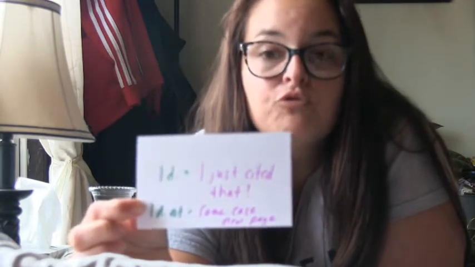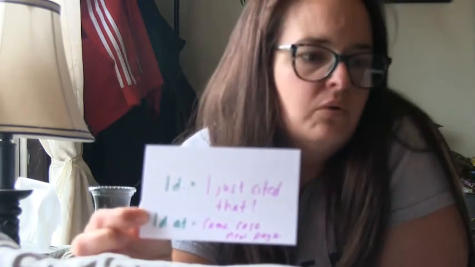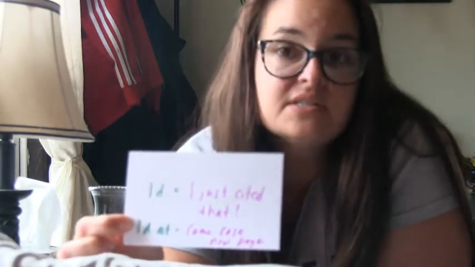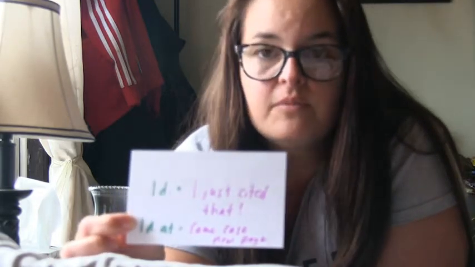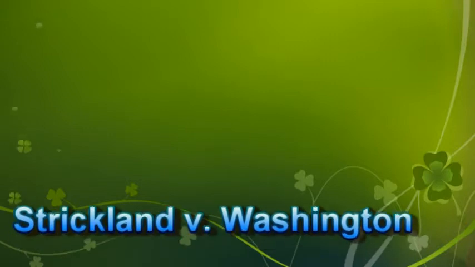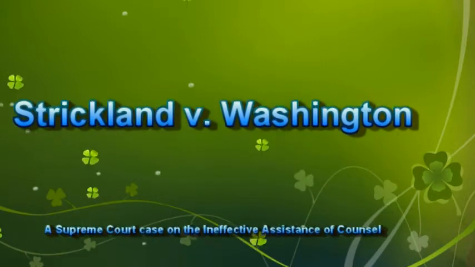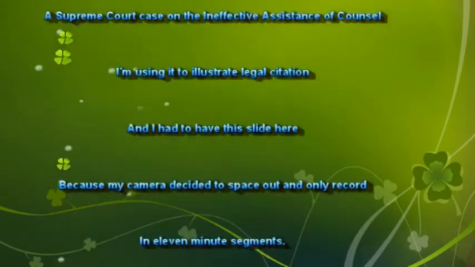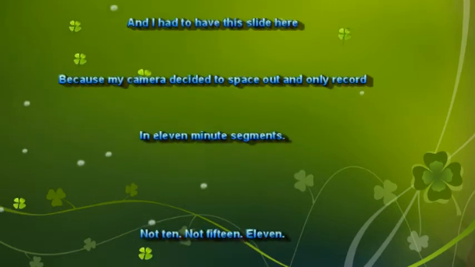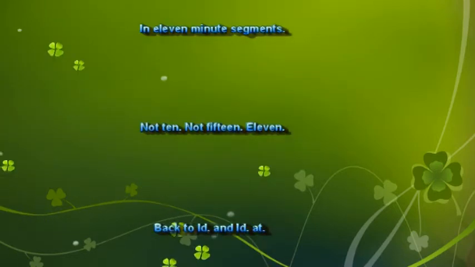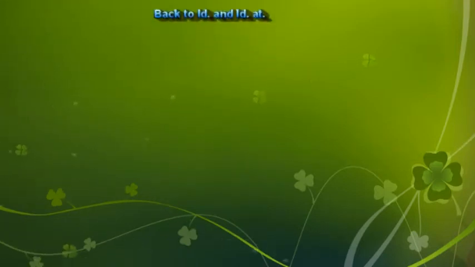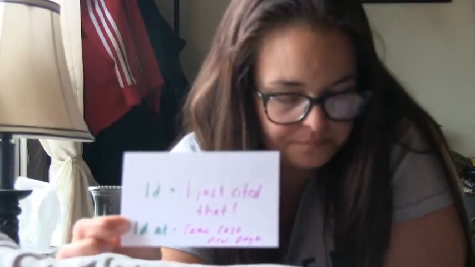So let's say I'm writing about ineffective assistance of counsel, and I'm using the case Strickland versus Washington, which is the case where we get that from the Supreme Court. And I'm talking about Strickland for like three paragraphs in a row.